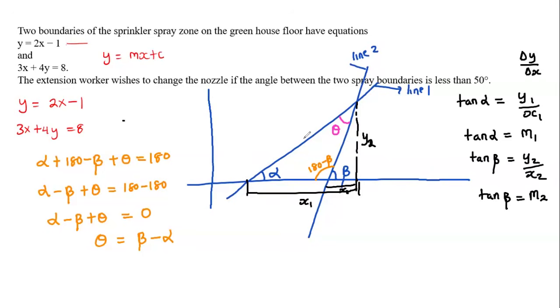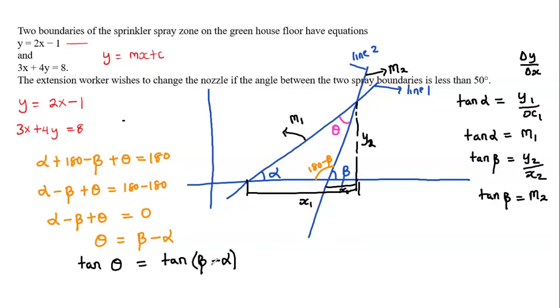So the first line has gradient m1 and the second line has gradient m2. Now, if I introduce tan here, I'm going to have tan of theta equal to tan of beta minus alpha.